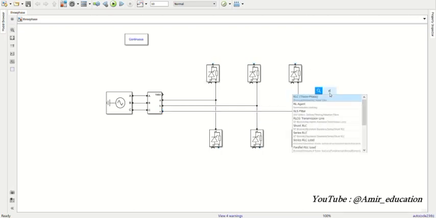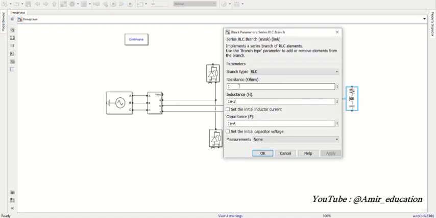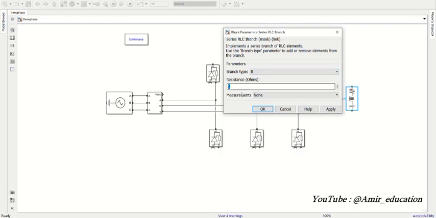And we need an RLC branch. For the first part of our simulation, we only need resistance, which I set to 5 ohms.